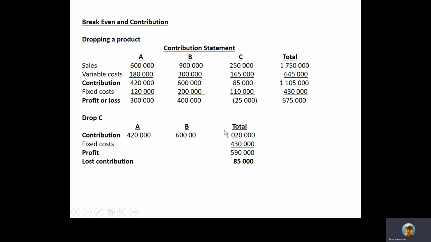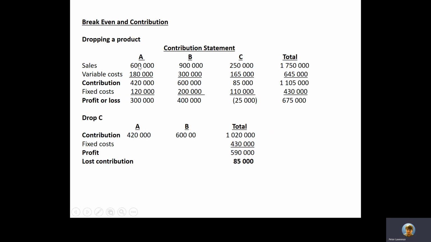Now, you can also state that a product can make a negative contribution, but you would still make it. A product that makes a negative contribution would not really be made as it is making you a loss. However, if that product is part of a set, then you perhaps need to continue making it.